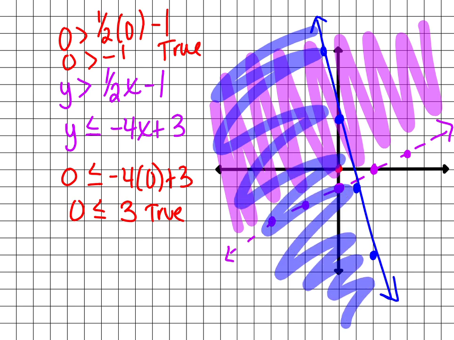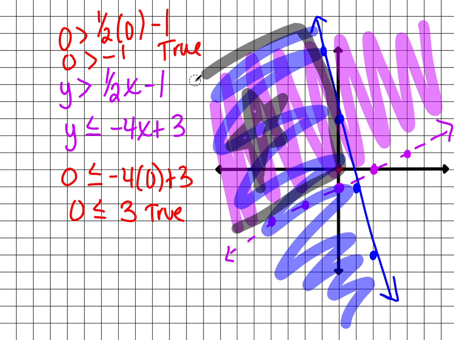Where we see shading on both is going to be my solution. So my solution is in this region. You're going to have a region as your solution, so there's an infinite amount of points here that would satisfy both of those linear inequalities.